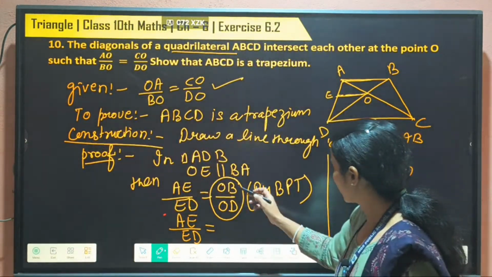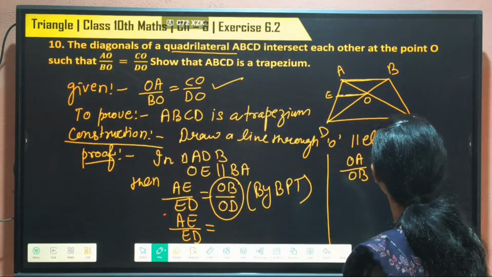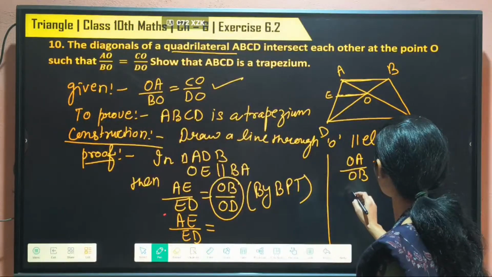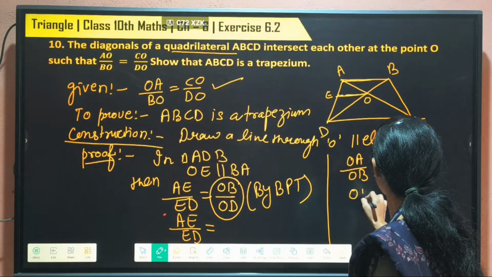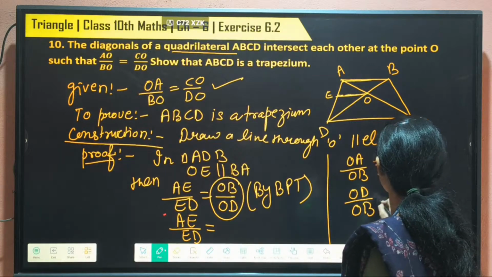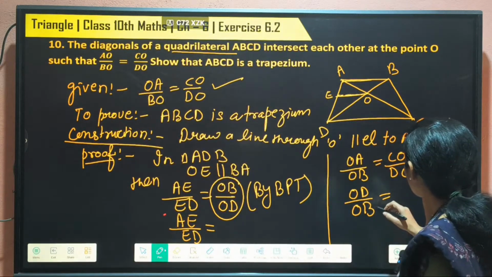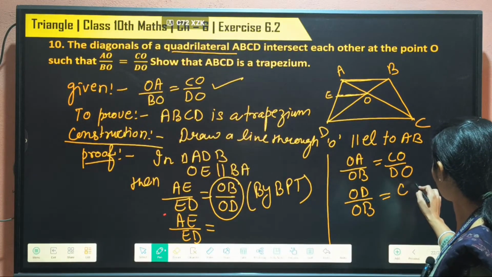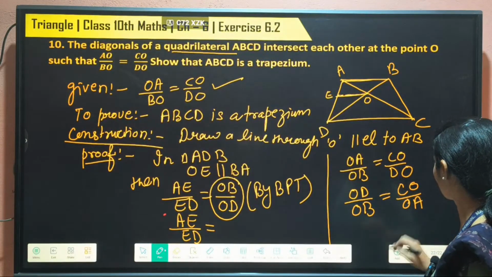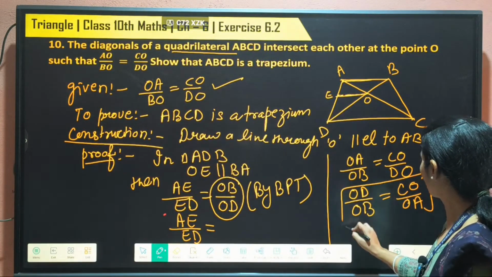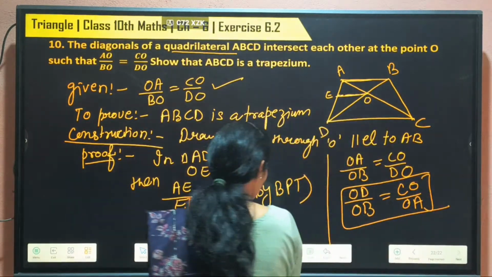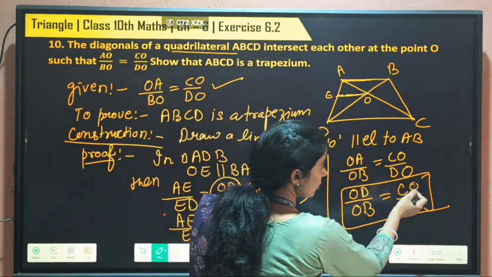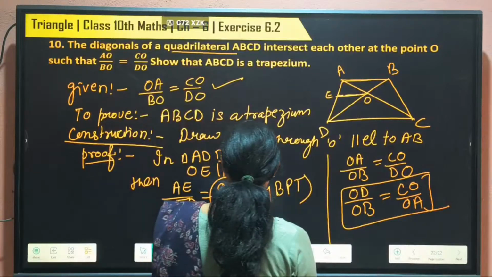Now see, OB by OD. Using cross multiplication, I can write OD by OB equals CO by OA. From there, in place of OB by OD, I can write CO by OA. Let us use the next page.